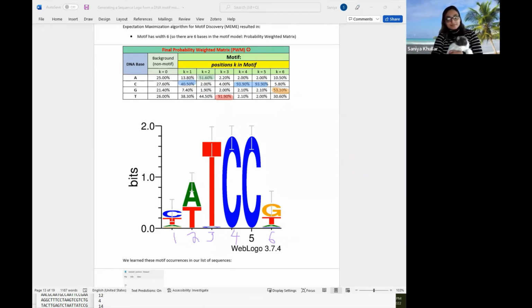So if you compare it this way, you can see that this height here is much taller than this height. Also because what you're seeing is that this is 53.10% for the majority base, but this is 40.5%, so it's not so likely.